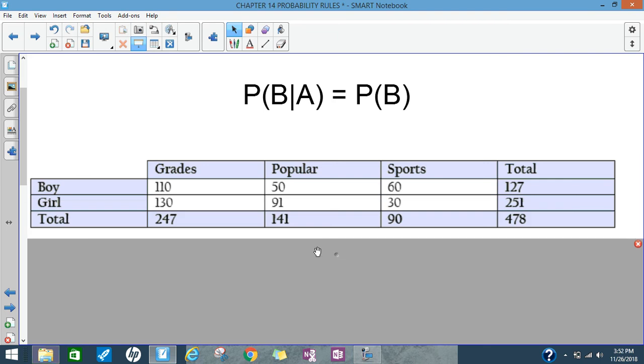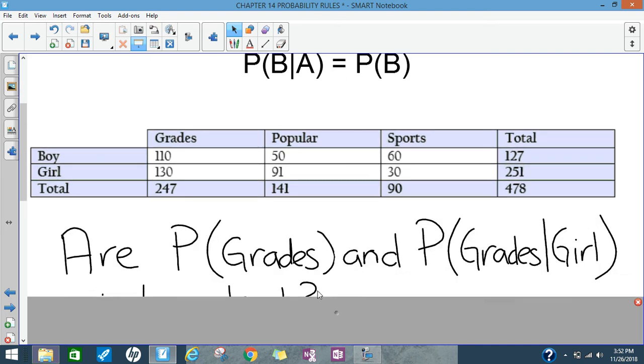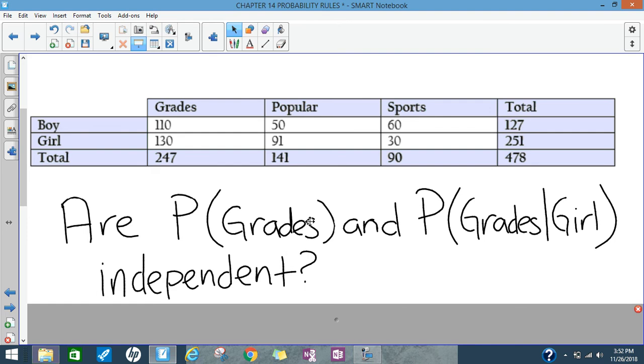I'll give you an example here. Here's a contingency table. We looked at these in the first unit of the year. Boys and girls were asked what the most important thing to them was in school: to get good grades, be popular, or play sports. We want to know if the probability of getting good grades and of being a girl are independent.